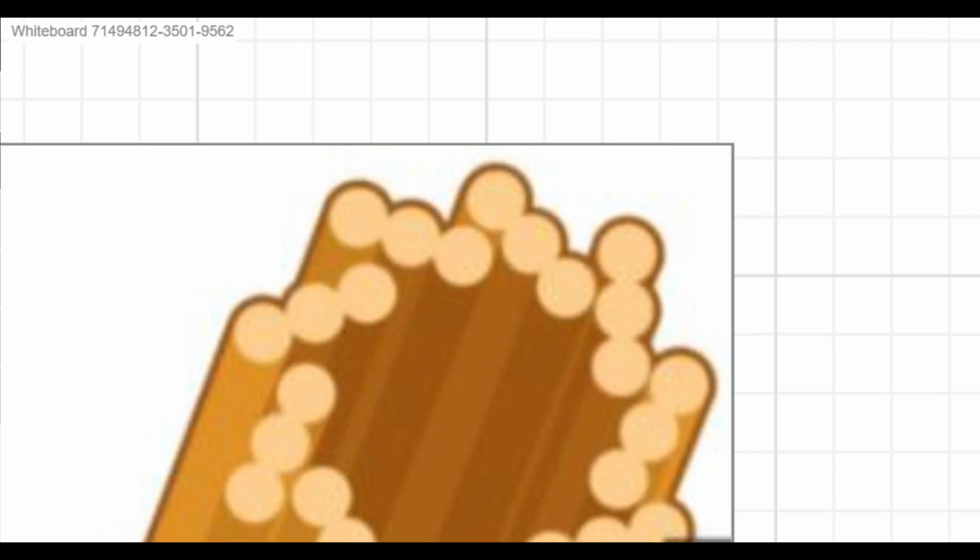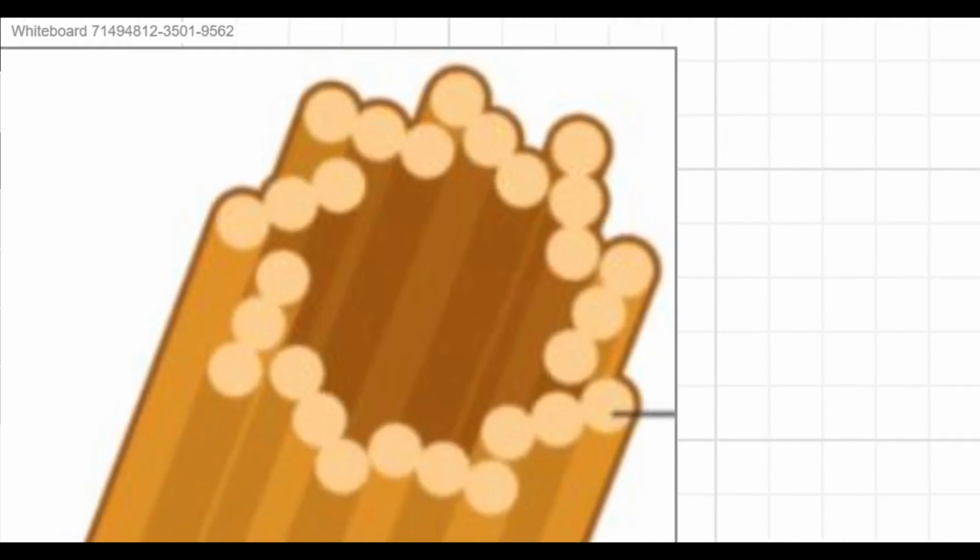Now these three combine together to form a triplet, and 9 microtubule triplets, so 1, 2, 3, 4, 5, 6, 7, 8, 9 microtubule triplets combine together to form a centriole. And for now you only need to know that centrioles are absent in plant cells and that centrioles are involved in cell division.